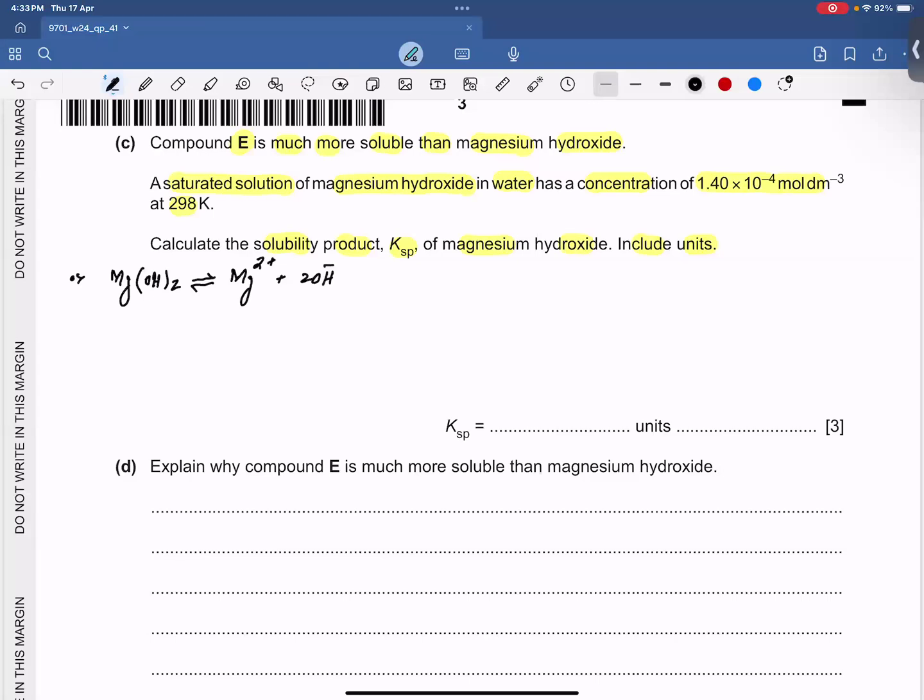We know that magnesium hydroxide and magnesium ions has 1:1 ratio. So if the concentration of magnesium hydroxide is 1.40 into 10 to the power minus 4, how about the concentration of magnesium ions? Obviously, it's going to be same because of the same molar ratio.